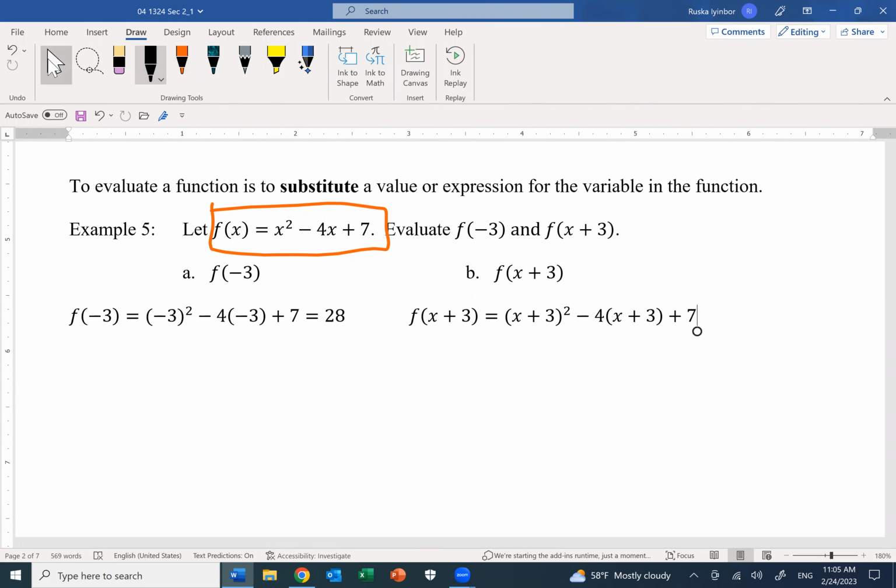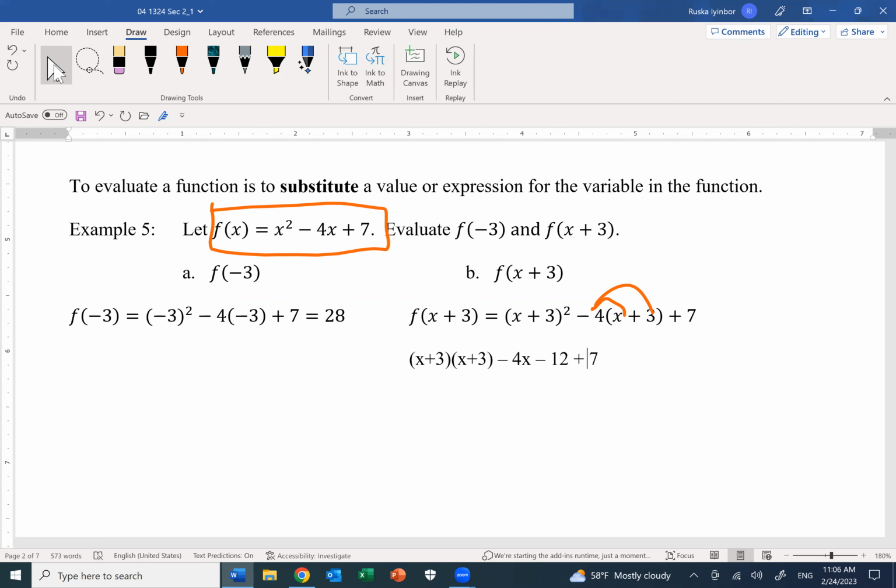So I'm going to rewrite this. So we have x plus 3 multiplied by x plus 3. That's going to be squared. And then I have minus, when I multiply negative 4 times x, negative 4 times 3, I'm going to get minus 4x. And then minus 12 plus 7.